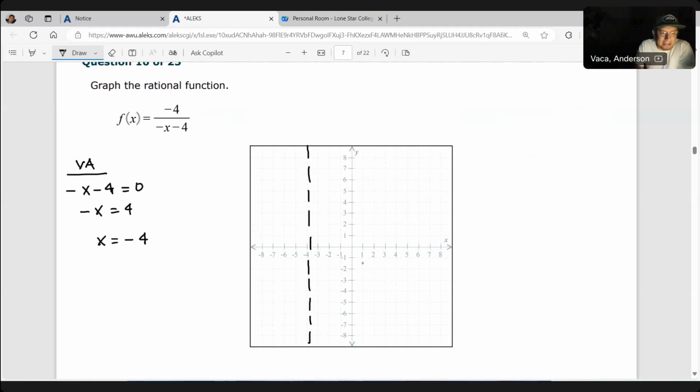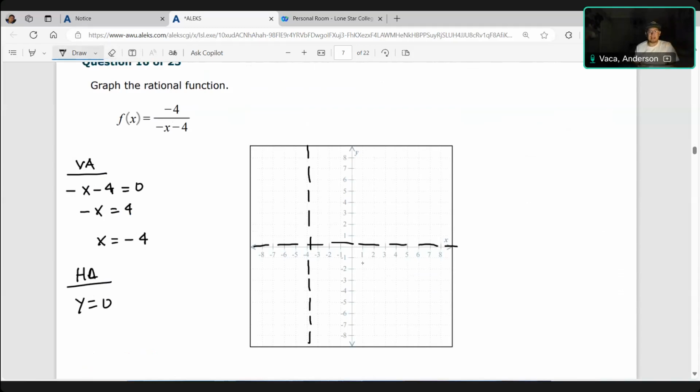It has a horizontal asymptote. Okay? And it's going to be y equals 0 because we're looking at the degree. Think about this. This is x to the 0 power. The degree of the numerator is less than the degree of the denominator. This is x to the 1. So given that, the horizontal asymptote will be y equals 0. Oh, I could have done better there, but it is what it is.